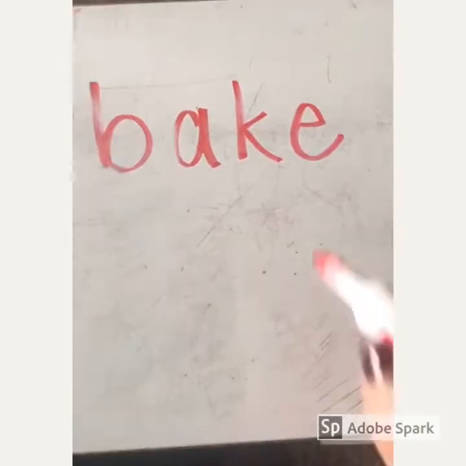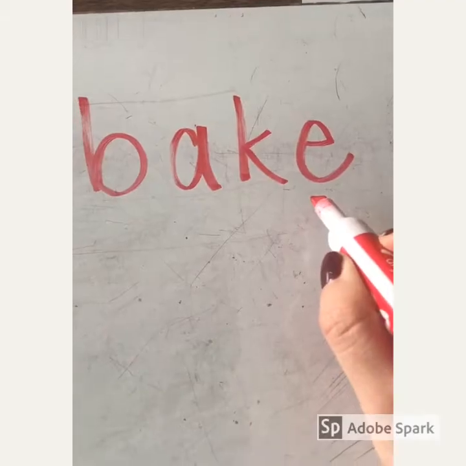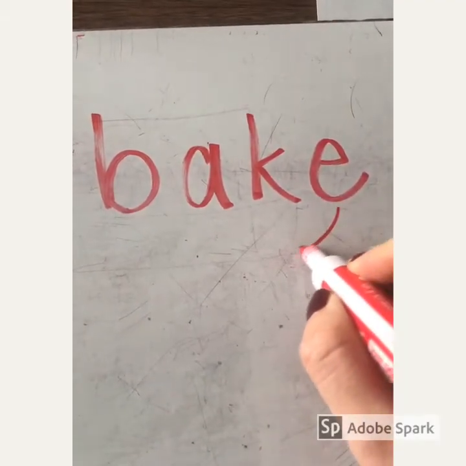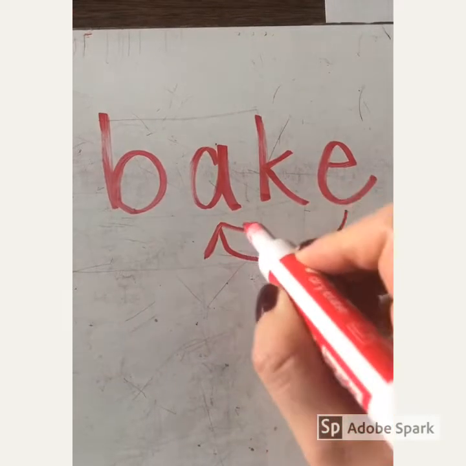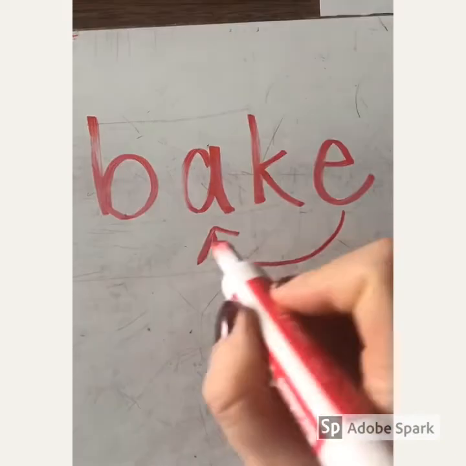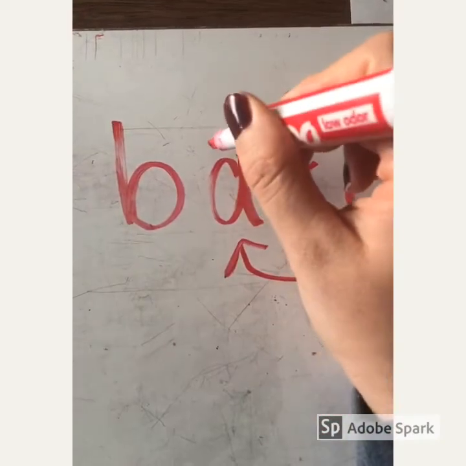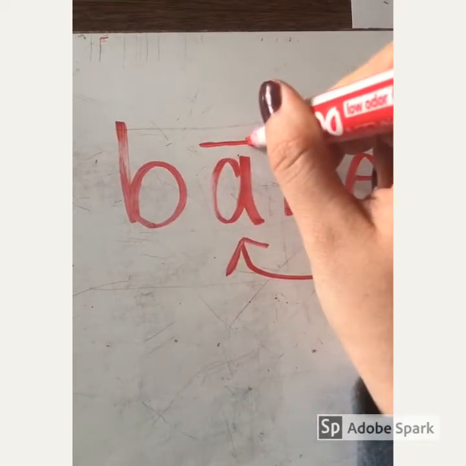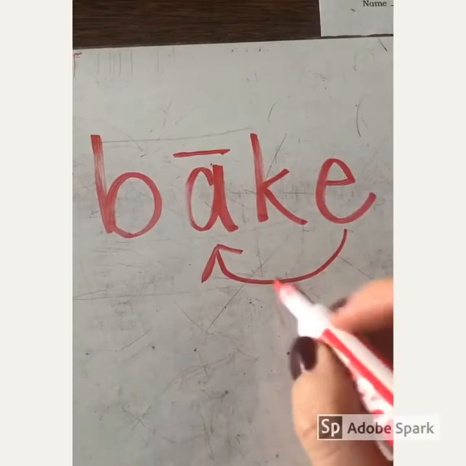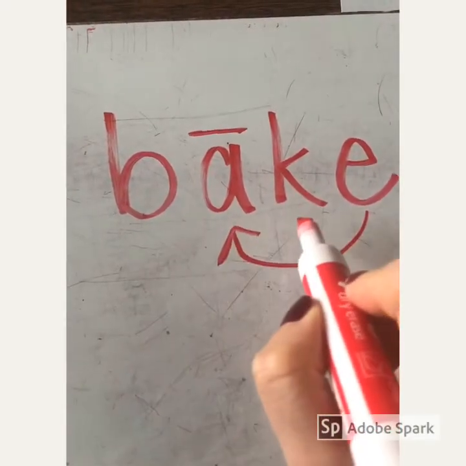Now, this E is sneaky because it does not make a sound. That means this E is going to sneak up on the vowel A and scare it. When a sneaky E scares a vowel, it makes the vowel say its long sound instead of its short sound. So when we read this word with a sneaky E, we read it as cake.